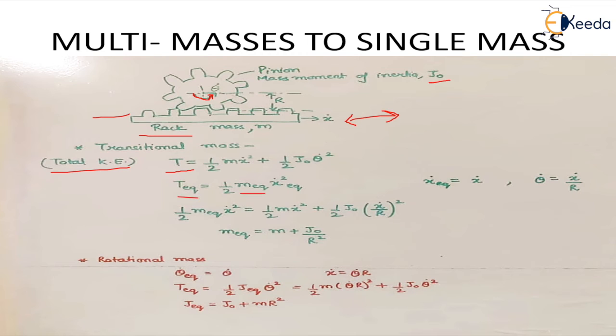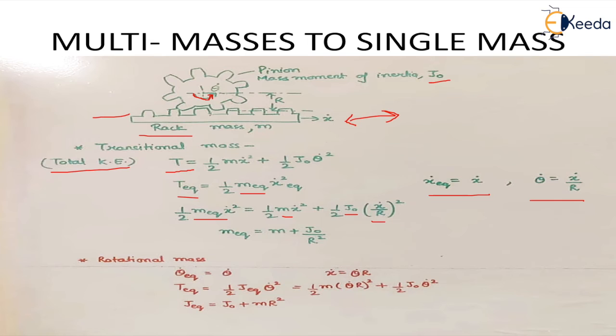So we can say that x dot equivalent is equal to x dot, and theta dot is x dot upon r. If we write all the values, we can compare, and m equivalent will be m plus J naught upon r square. This is how we can write the translational equivalent mass.